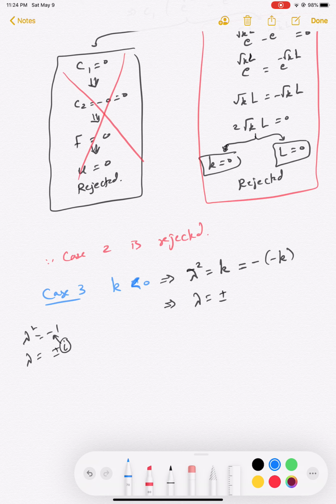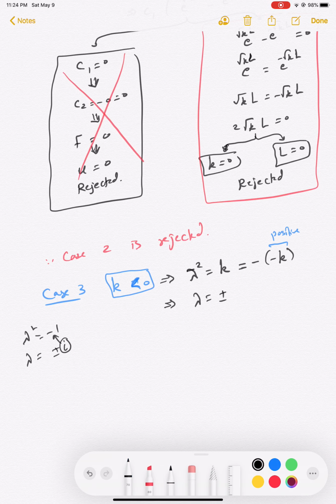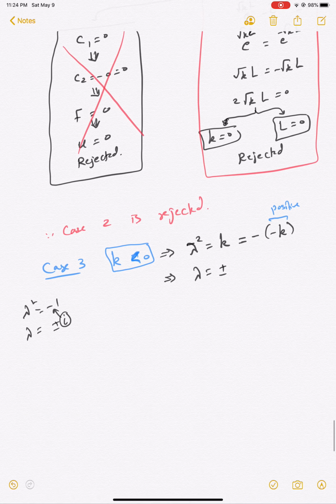When k is negative, this is our case. When k is negative, this number here is positive, right? Negative k will be positive. So in fact, what happens now is this: this negative here gives you the I, and this positive negative k gives you the root. So this is what we will have in this case, okay?